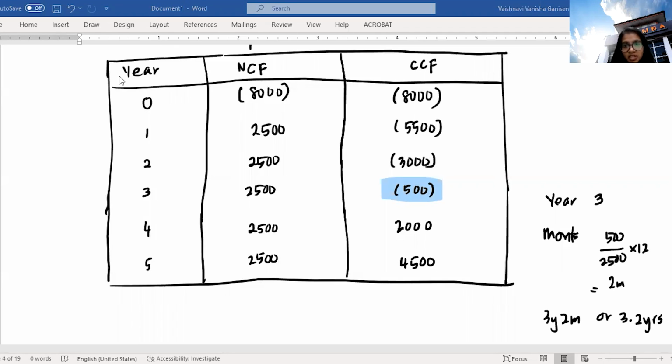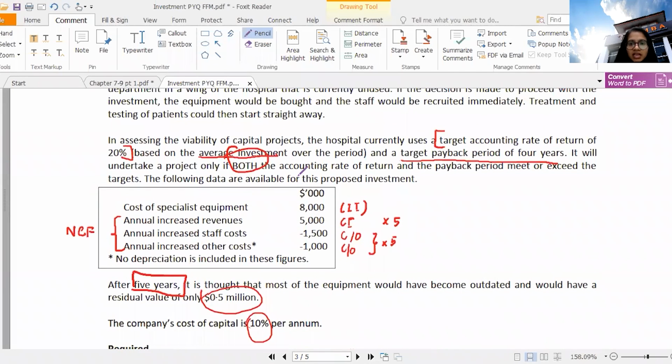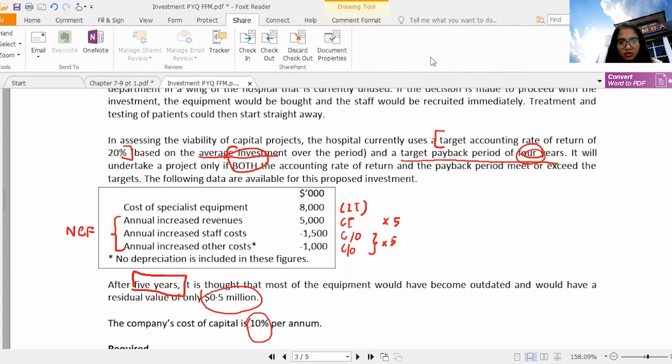Guys, now go back to your question. King's Hospital. Let me share my screen. When you go back to King's Hospital, he said the target payback period is 4 years. That means if it pays back lesser than 4 years, it means that you will accept the project now.